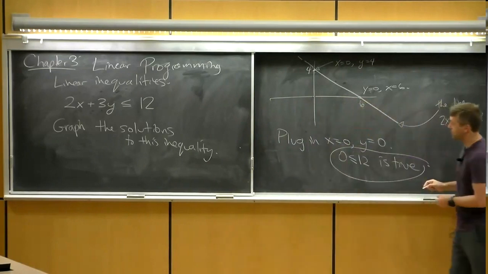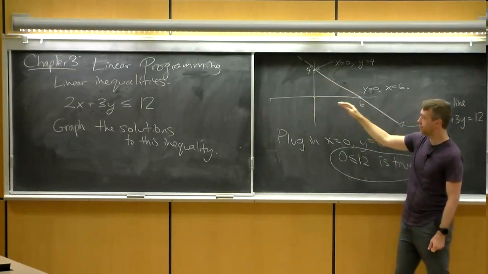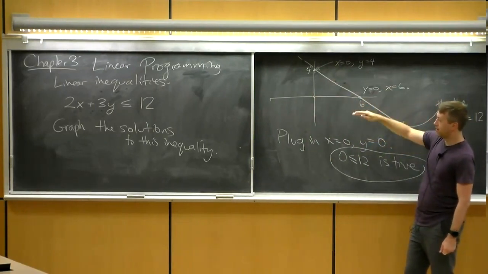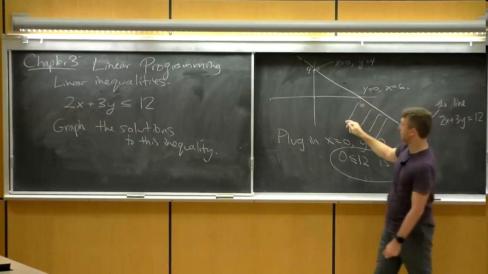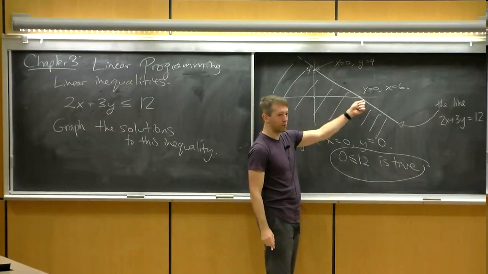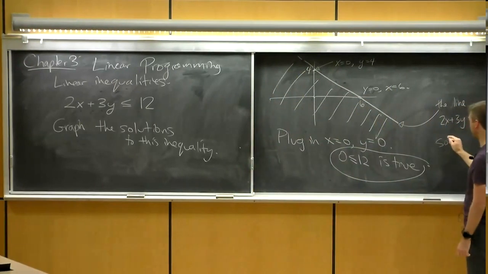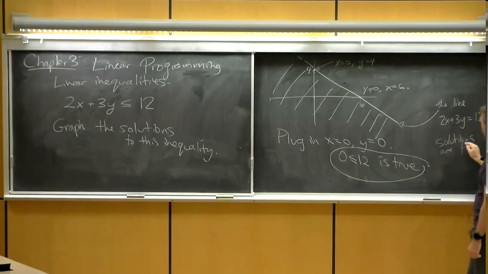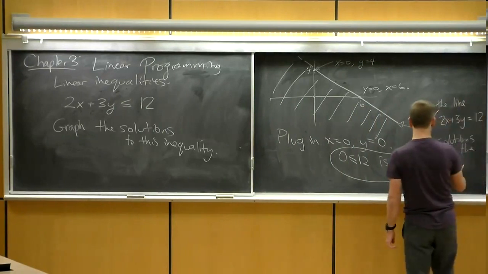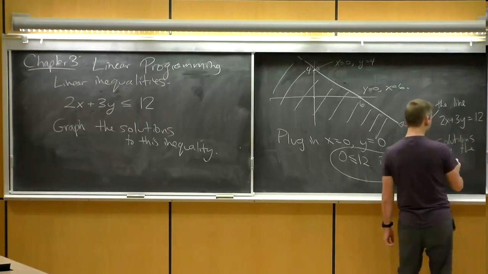That means here the inequality is satisfied, so the solutions are everything below this line, or I should say on the line or below the line. So the solutions to the inequality are the elements of the shaded region.